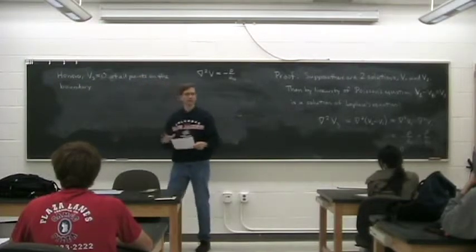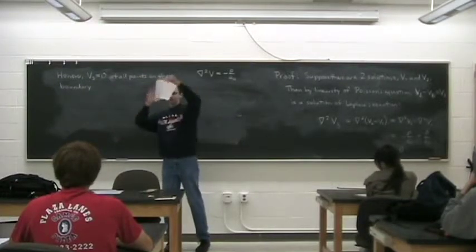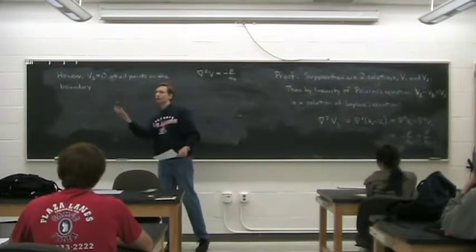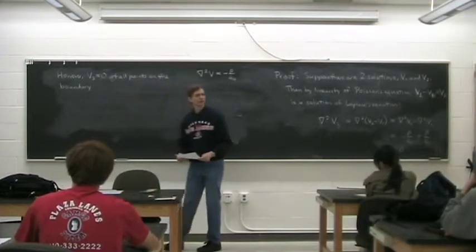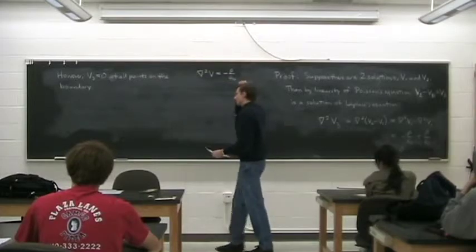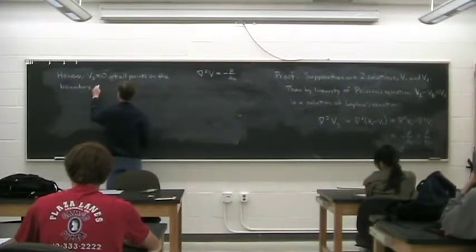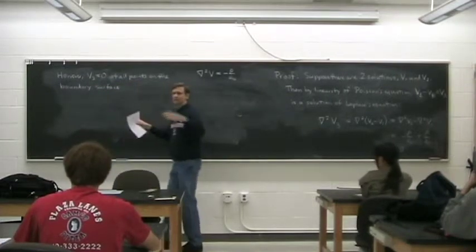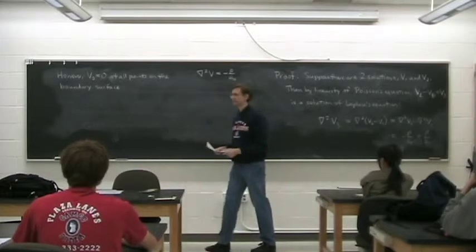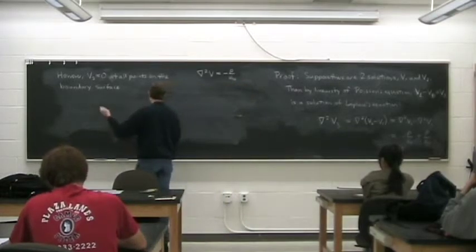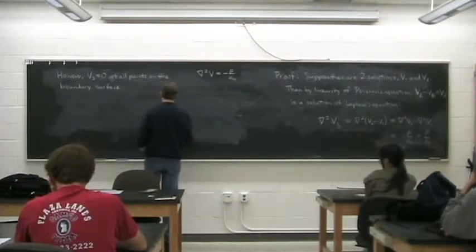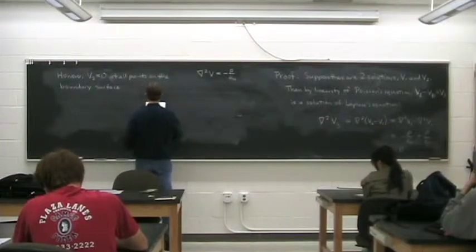When I say the boundary surface, I mean the set of surfaces which serves to enclose the volume, to define the volume in question here. So V3 is 0 at all points on the boundary surface. I say surface because I'm thinking all of the surfaces together as the single boundary surface, but it could be broken into several pieces disjointed from one another in space.